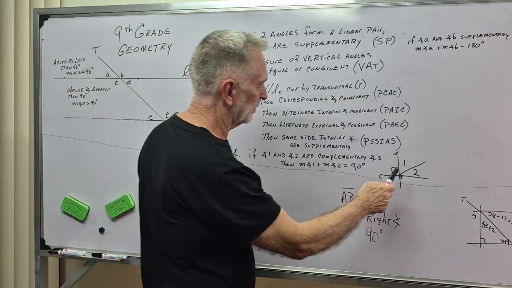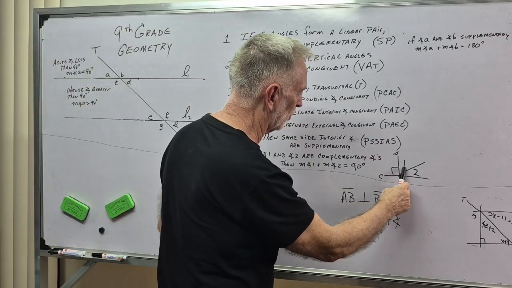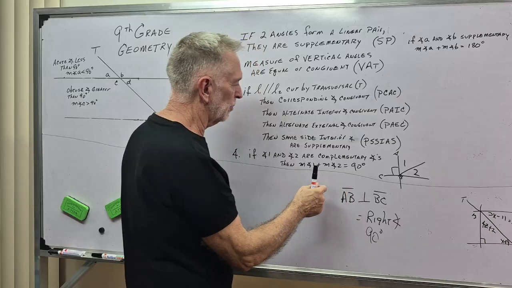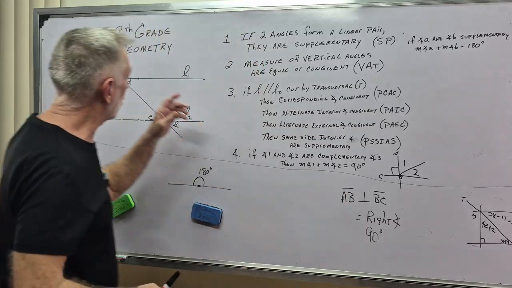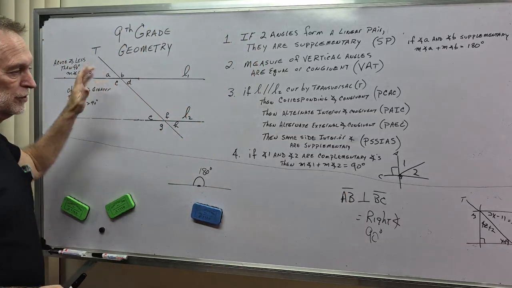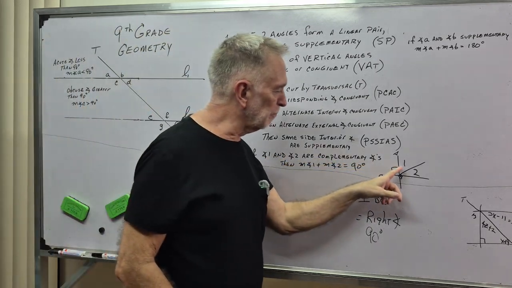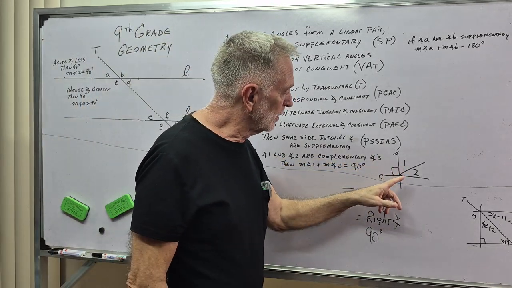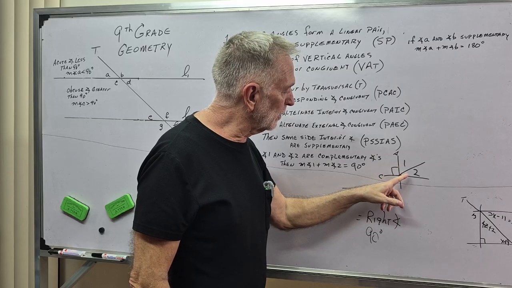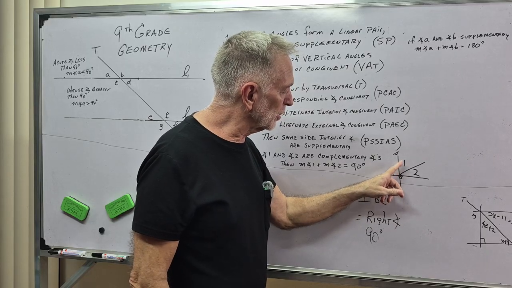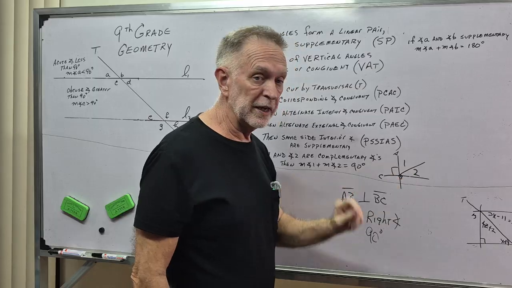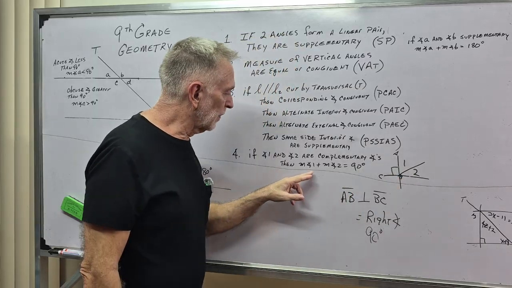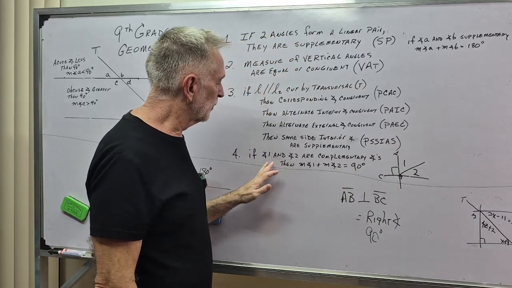Now there are complementary angles. Back to this diagram, angle 1 and 2: you notice these angles are acute, they're less than 90 degrees, so both of these would be acute angles. And the measure of angle 1 plus the measure of angle 2 equals 90 degrees.